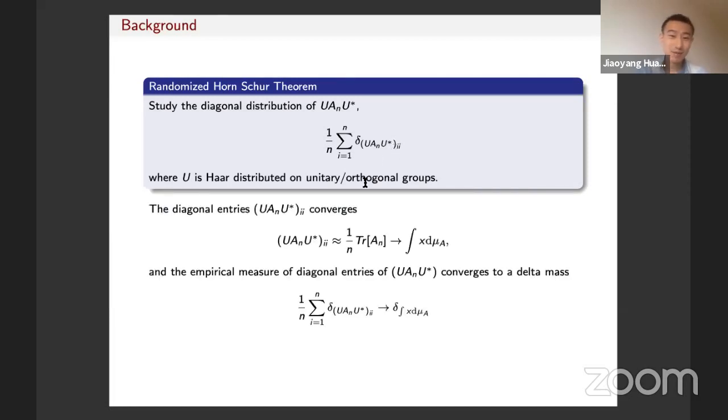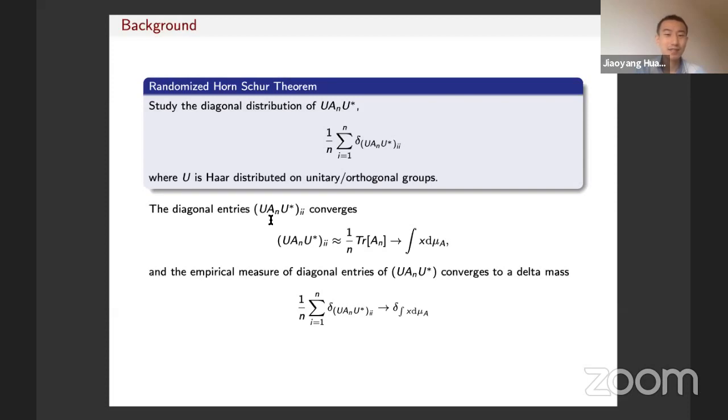For this problem, I showed you in the slides that for the diagonal entries of U An U star, you can have an explicit formula. And because of concentration, you can easily show that this quantity concentrates around its mean, which is given by the normalized trace of An.